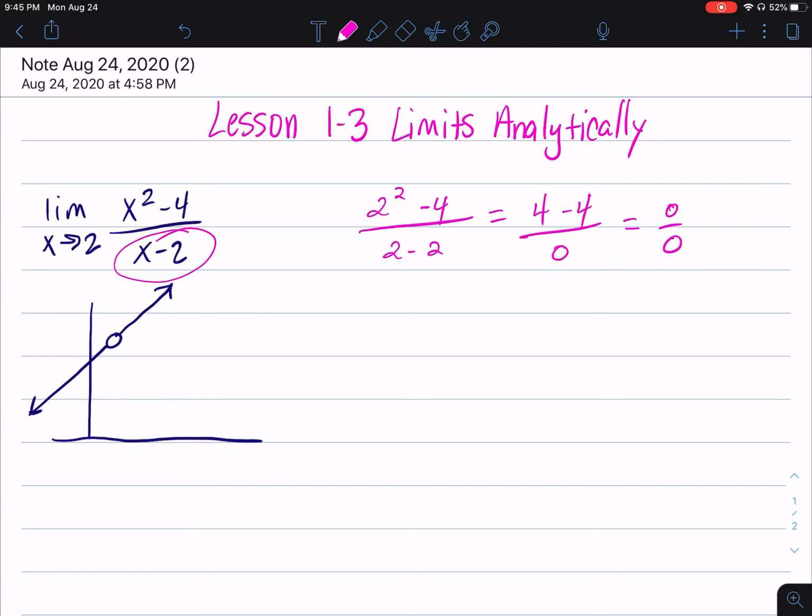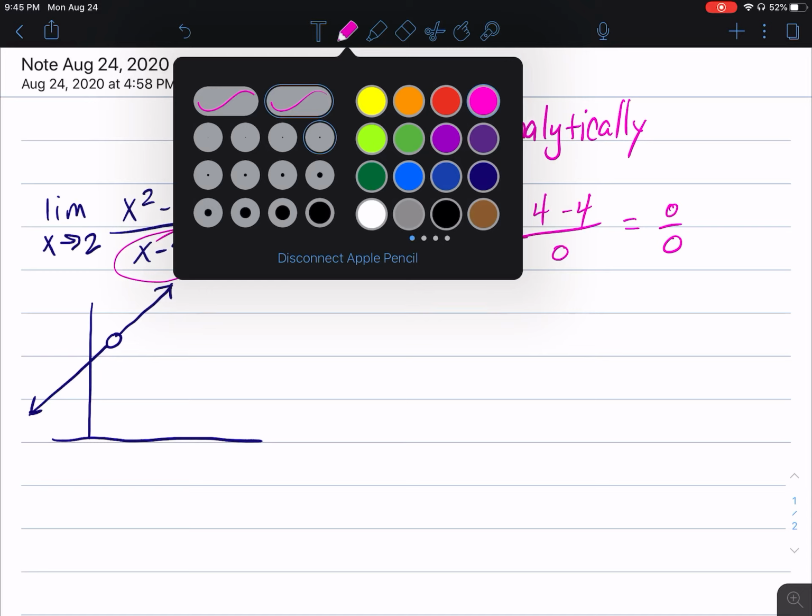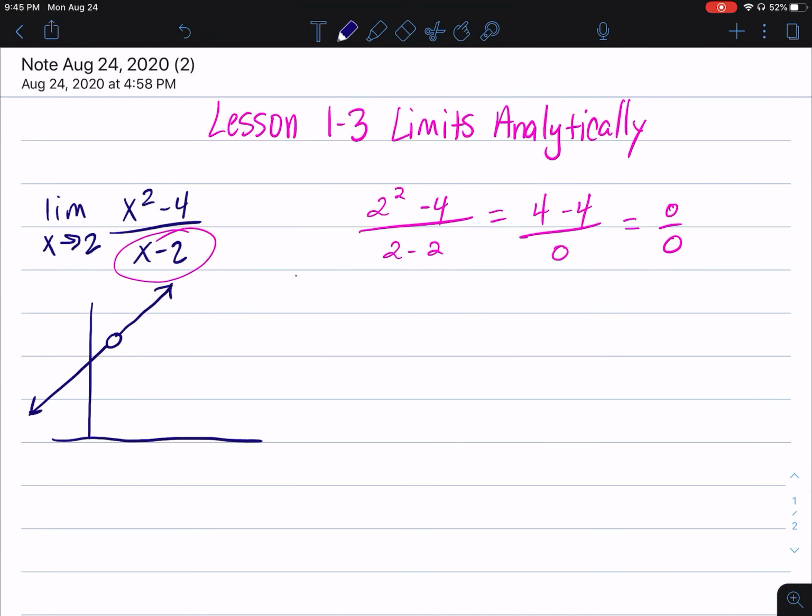So the premise of what we're going to start off with here is what we did in this section right here. So we're going to start off with just substituting in. So let's say instead we had something like this. Now the reason that this part here is 0 over 0, right? We don't want that to happen.